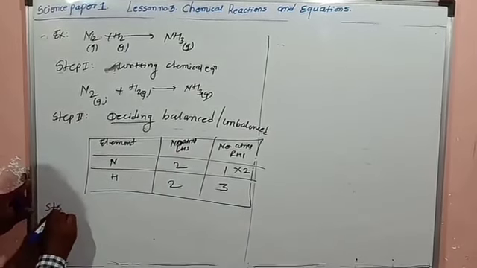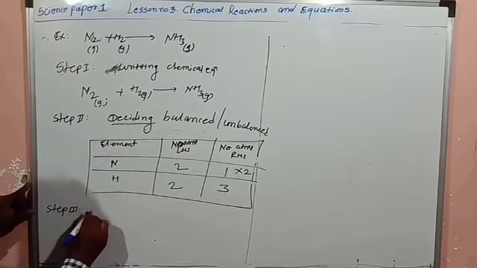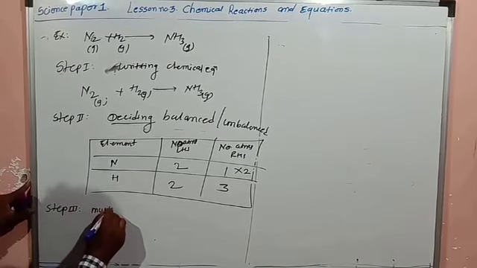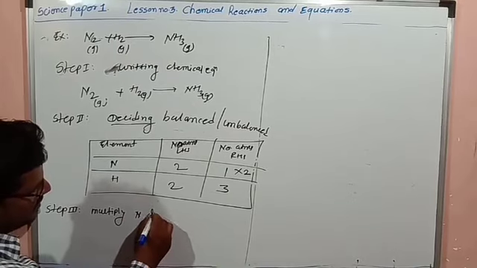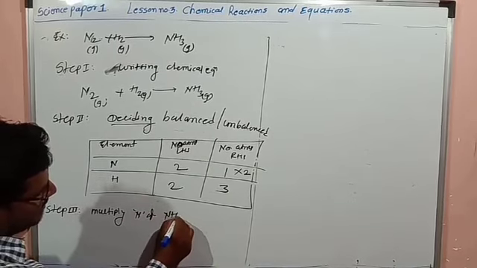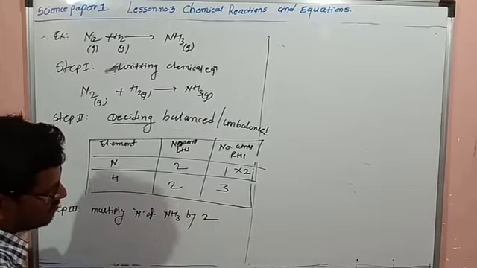Here, step number 3, multiply the nitrogen of NH3 by 2.